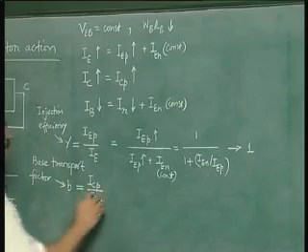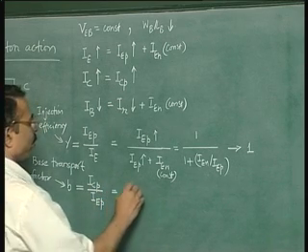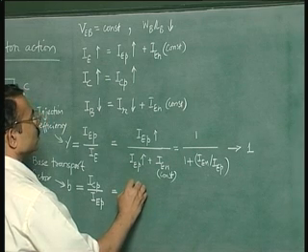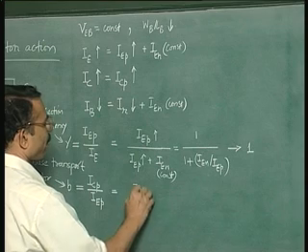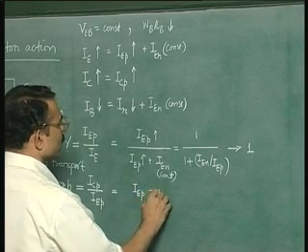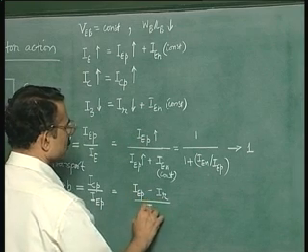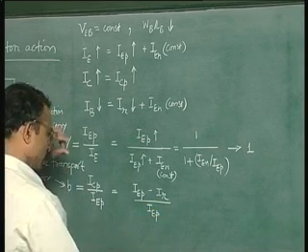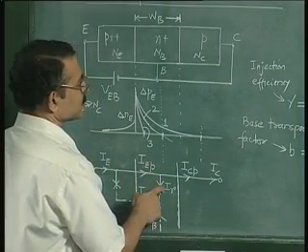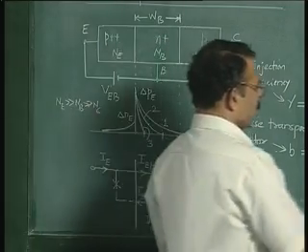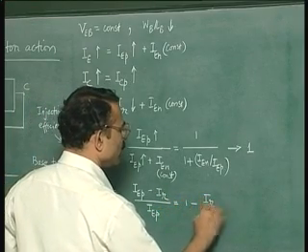So ICP by IEP we can write as IEP minus IR upon IEP. So ICP is IEP minus IR. Now what is this? This we can write as 1 minus IR by IEP.